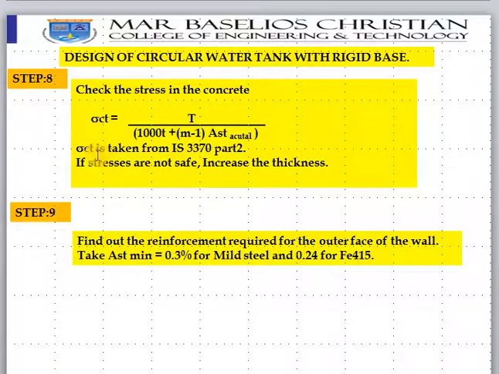Normally sigma ct is there in IS 3370 part 2 if your grade of concrete is M25 and more. If it is less than M25, you need to use a general formula. I will just tell you, sigma ct is equal to 0.27 root fck. Whatever the grade it is, this formula you can use.